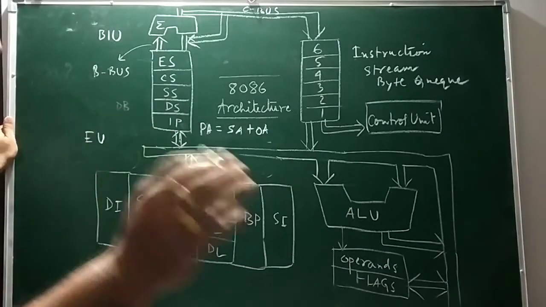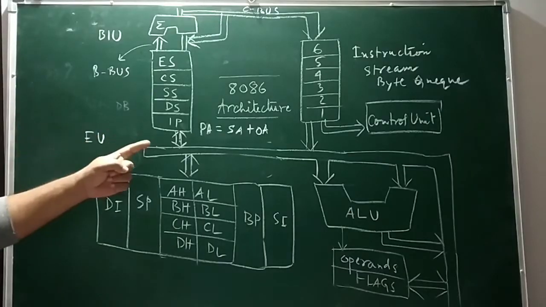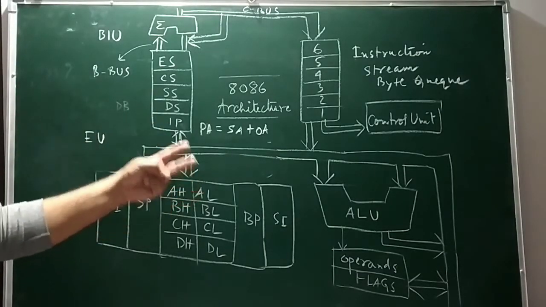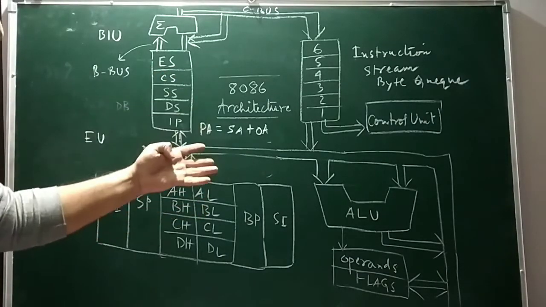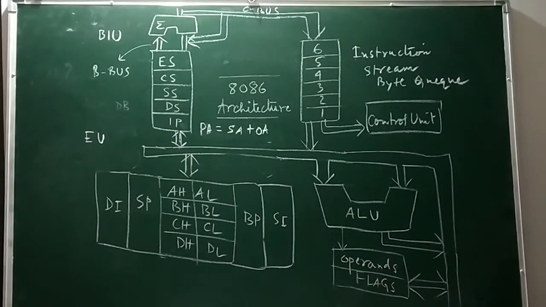So in 8085 we had sign flag number 1, zero flag number 2, parity flag number 3, carry flag number 4, auxiliary carry flag number 5.